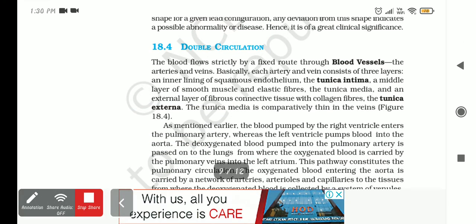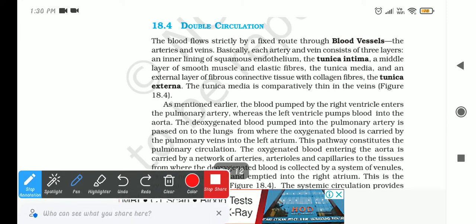Double circulation. Let's talk about double circulation. The blood flows strictly by a fixed routine through the blood vessels, arteries and veins. Each artery or vein consists of three layers: the inner lining of squamous endothelium, the tunica intima; the middle layer of smooth muscle and elastic fibers, the tunica media; and the external layer of fibrous connective tissue with collagen fiber, the tunica externa.